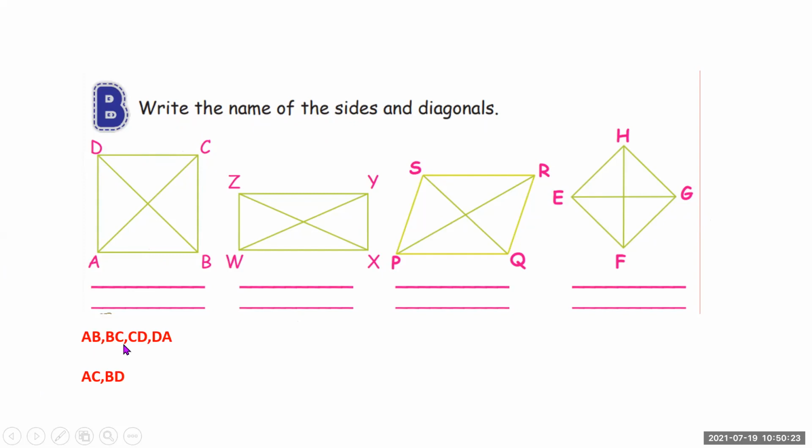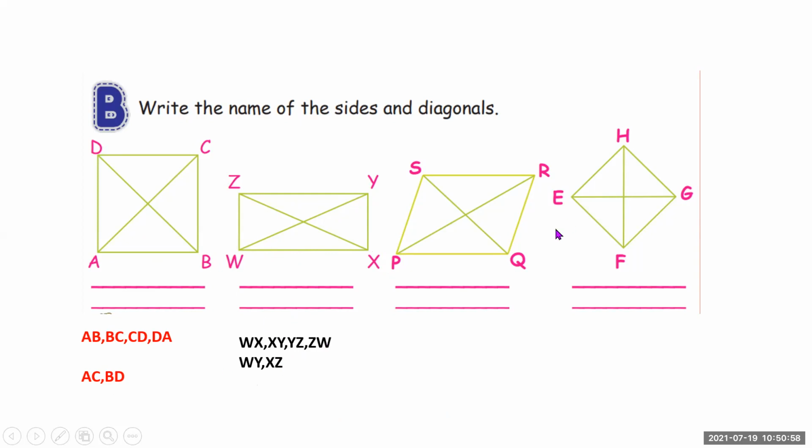So AB, BC, CD, DA are the sides, and AC and BD are the diagonals. What about this one? WX, XY, YZ, and ZW. These are all the four sides. WY is this one. What is the name for this? Yes, diagonal. So there are two diagonals, WY and ZX or XZ.